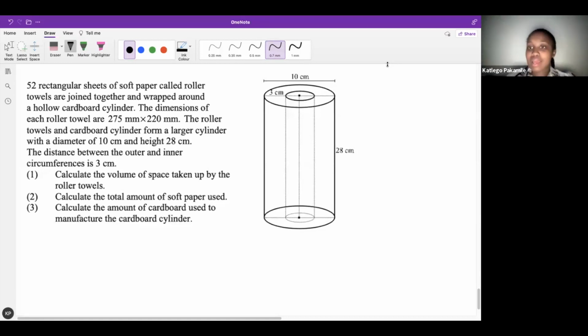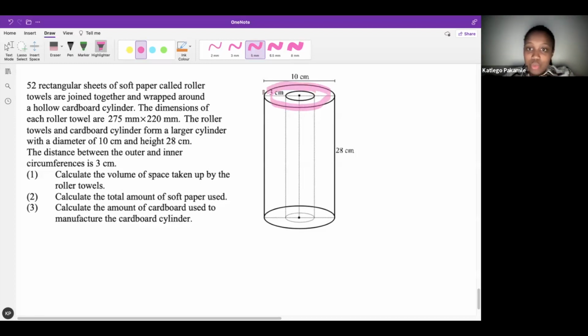We'll be fine. Let's read our information carefully. Okay, so the dimensions of each roller towel. What are we calculating? The volume taken by the roller towels. So we want the volume of the outside part.